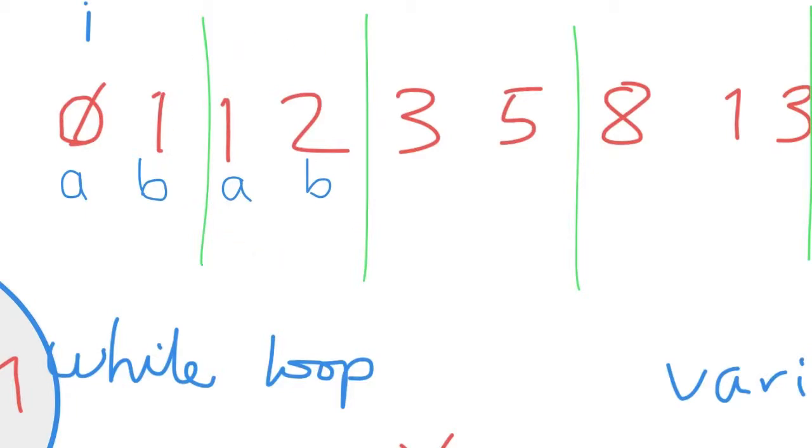So here it is. If we say A equals A plus B and B equals A plus B, then I'll walk you through how this can update our numbers, our variables. So if we're looking at A, what we've said is that A equals A plus B. So 0 plus 1 is 1.